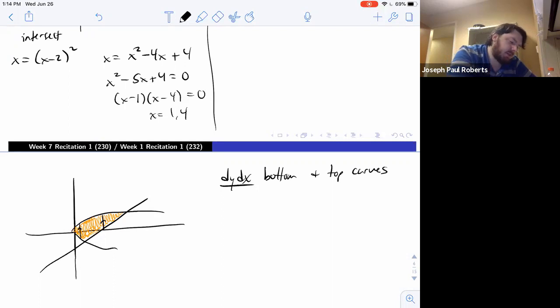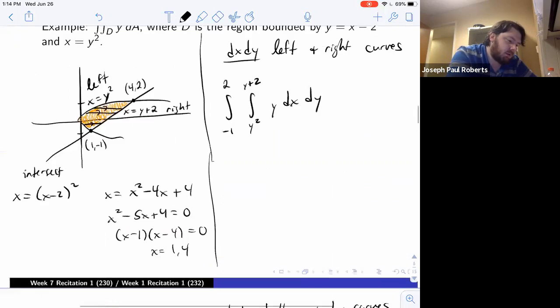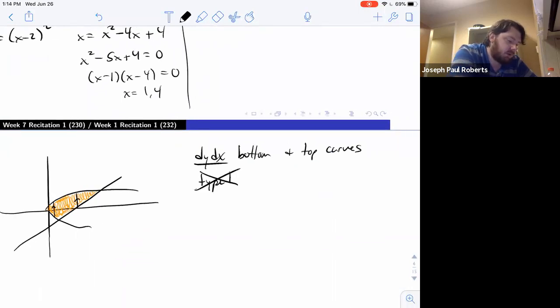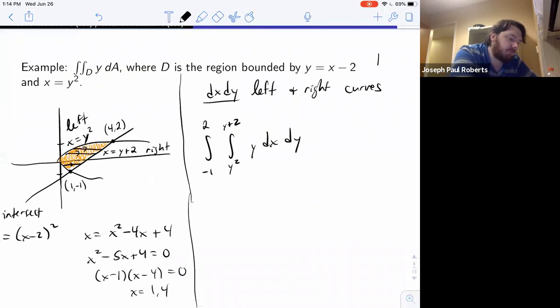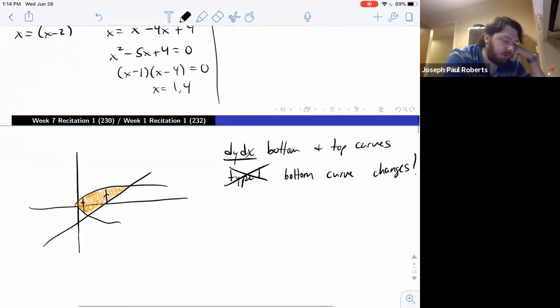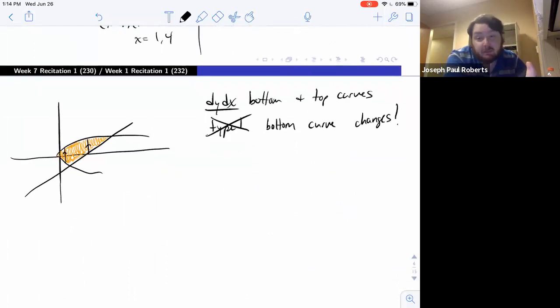And so basically, this is not a type 1 region, because the bottom curve changes. It is type 2. We were able to do it with a single dx dy integral. But for dy dx, we're actually going to have to split this up into 2 pieces. It's not the end of the world. It's just a little bit more tedious.